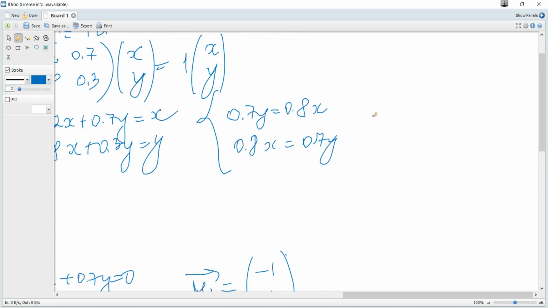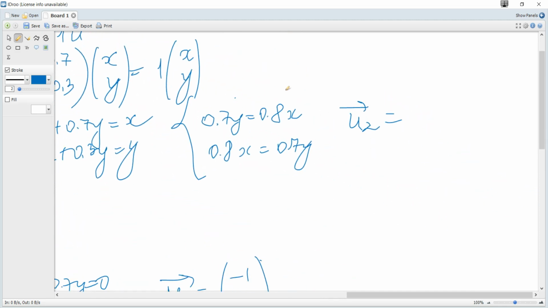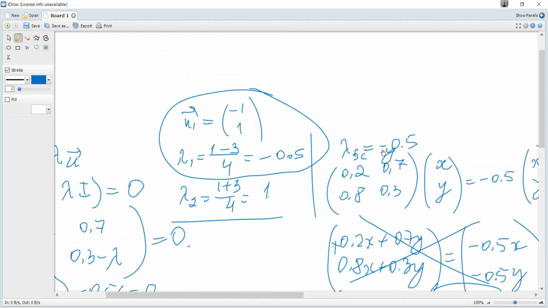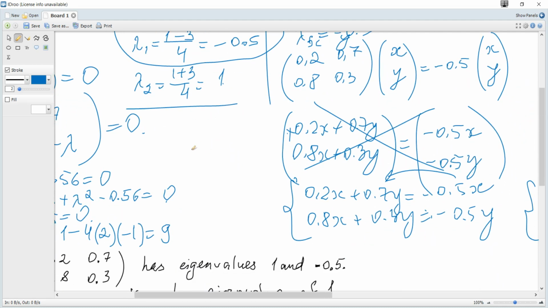And you can see we can choose, for example, 7, 8. And you can see 7, 8 for the second equation is also true, correct? So the eigenvector corresponding to the eigenvalue of 1 is 7, 8.